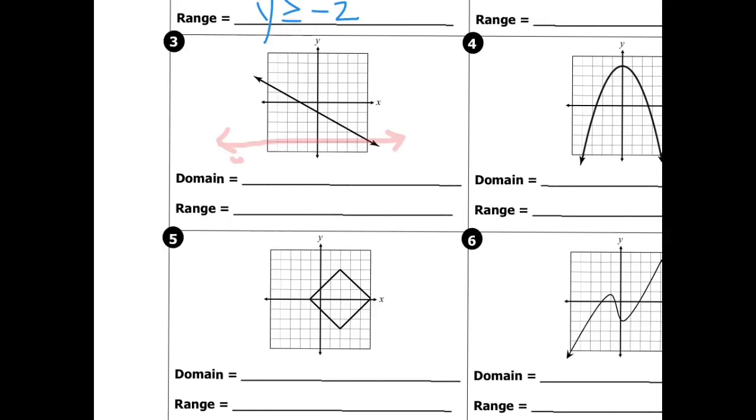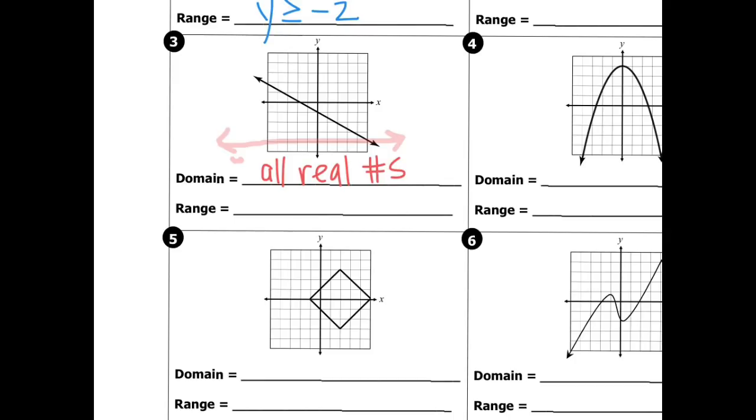So the domain, just like in number 1, the domain, the left and right numbers that are included on this graph, are all real numbers. Okay. There are no numbers along the x-axis that will not eventually be a part of all of the coordinate pairs on this graph. We can go all the way over to negative 100,000, and there will be part of the line there with a point.